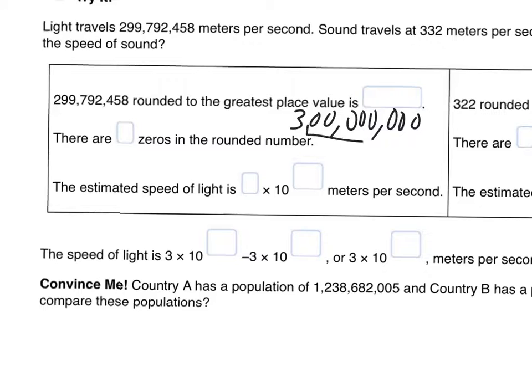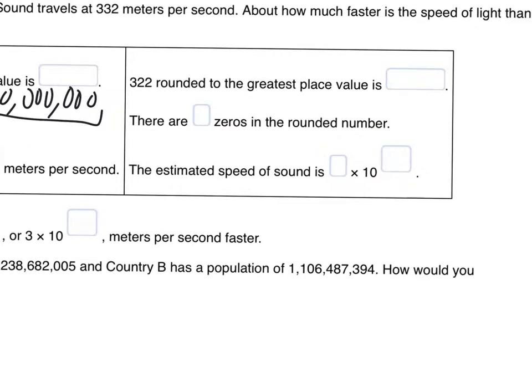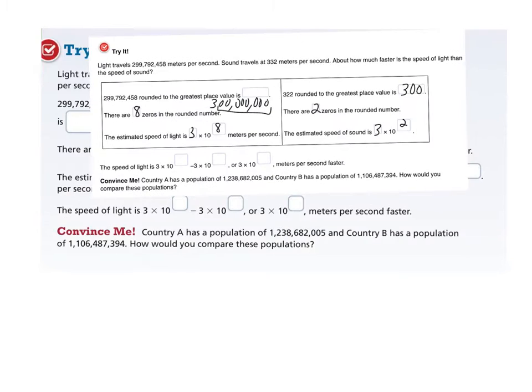If you look at this, there are 8 zeros in the rounded number. This would be the same as 3 times 10 to the 8th power meters per second. 332 rounded to the greatest place value is 300. There are 2 zeros, so that's the same as 3 times 10 to the 2nd power.